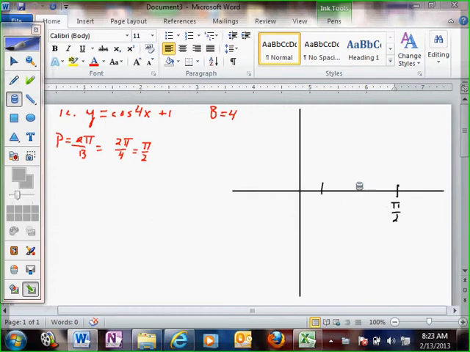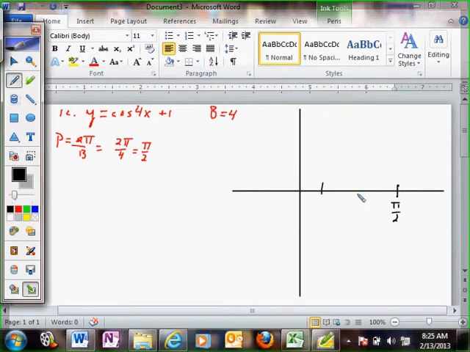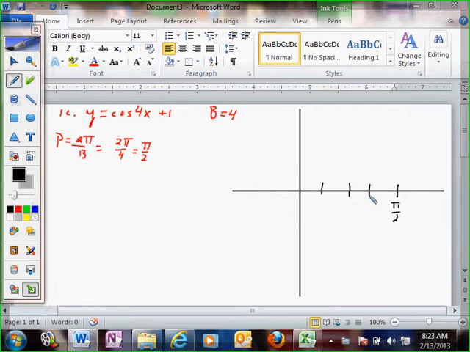Just get it as close as you can. Just kind of divide it into 4 parts. Then on the y-axis we have 1, 2, and 3, then -1, -2, and -3. And I want to graph cosine.